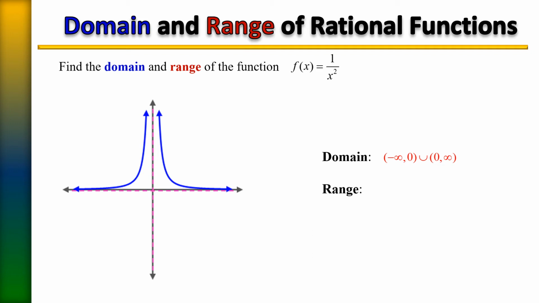The graph gets close, but never touches it. But it starts there at 0, does not include 0, and it's going to continue on and on because you have these arrows on the end. It's going to go forever to positive infinity. So our range is from 0 to positive infinity.